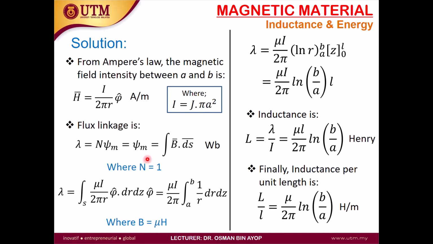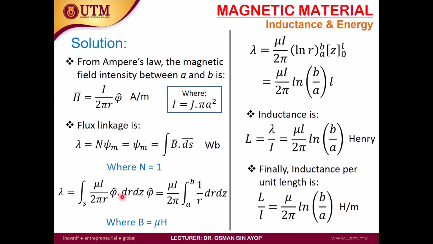So the flux psi equals the integration of B dot dS, and the unit is Weber. So what is the dS? dS is basically dr dz in the direction of phi. And our B is mu H, which is mu I over 2 pi r, also in the direction of phi.